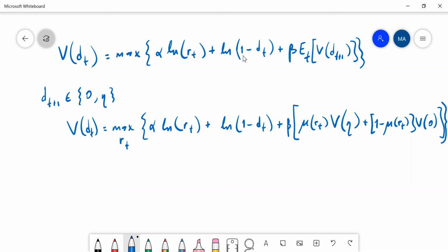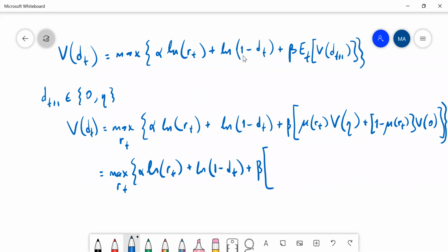Okay? Now you can do it. Why? Because you have this. Let me iterate one more time. You have alpha ln RT plus ln 1 minus dt plus beta.